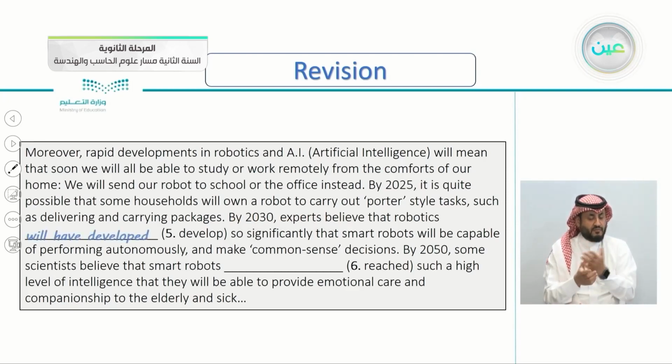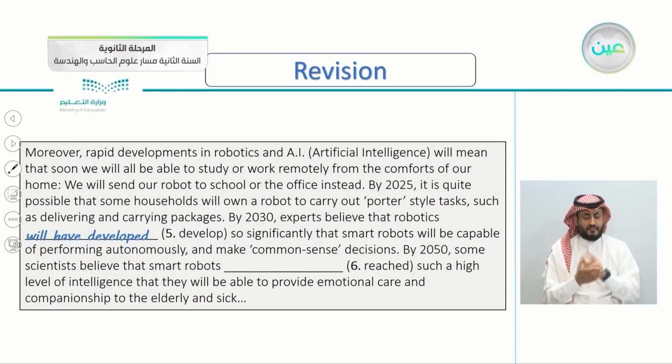So we use the future perfect, because we have two events here. By 2030, this is the first one. The second one, experts believe that robotics will have developed so significantly that smart robots will be capable of performing autonomously and make common sense decisions.